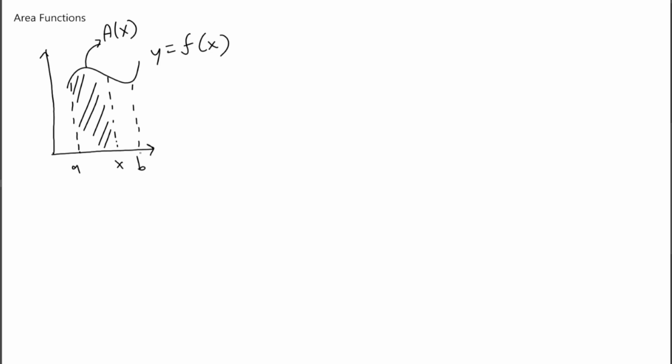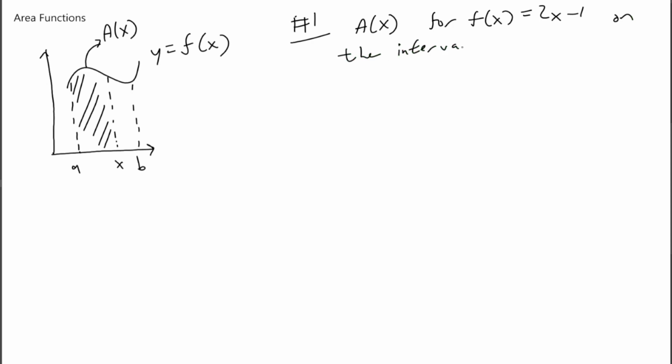And as x increases, A of x also increases. So let us try to find A prime of x. I'll begin with an example here. So let's find the area function A of x for f of x equals 2x minus 1 on the interval 1 to 2, right?